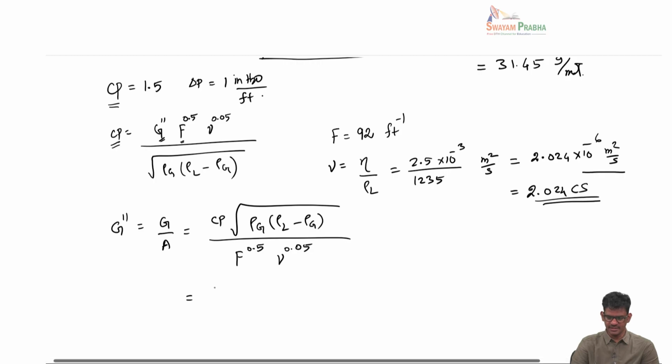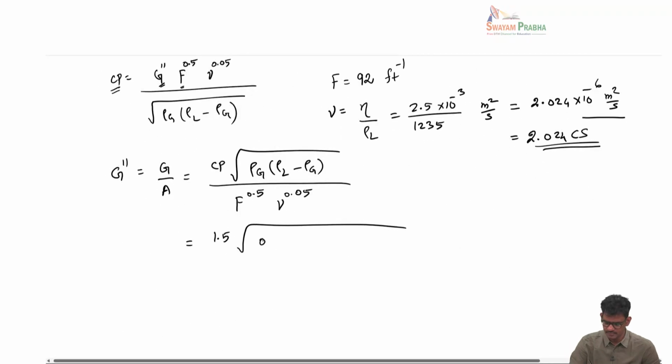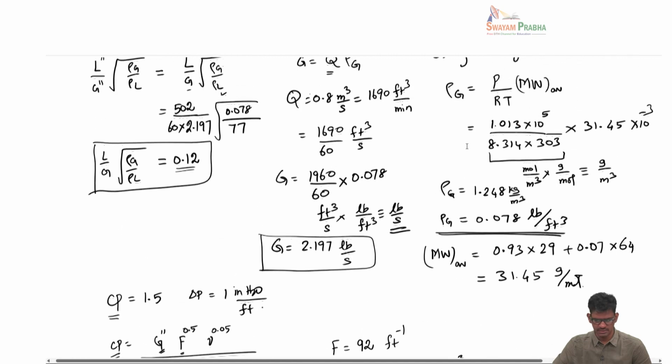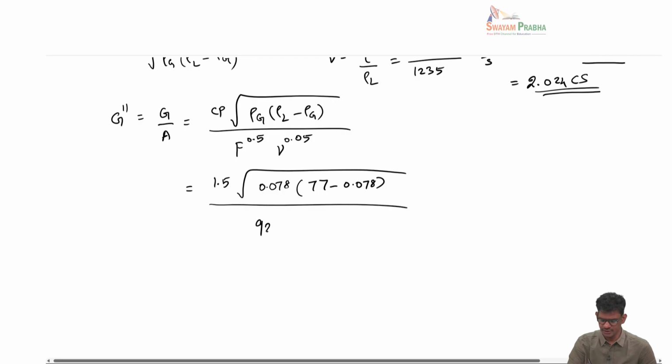So capacity factor is 1.5, rho g is 0.078, rho L is 77, F is 92, and kinematic viscosity is 2.024 power 0.05.